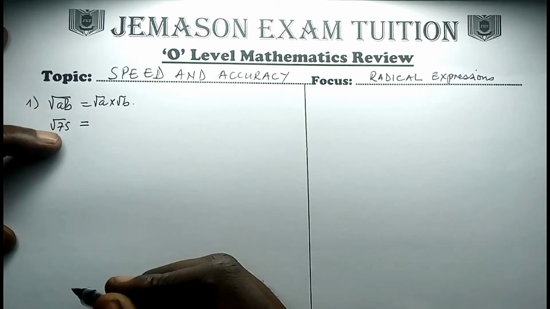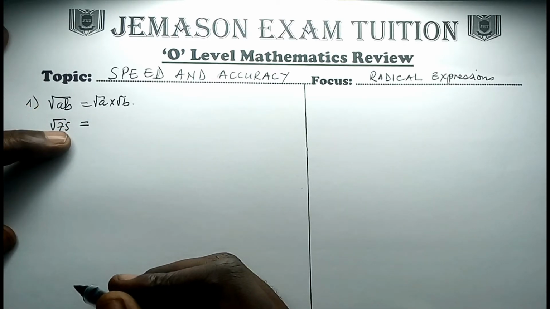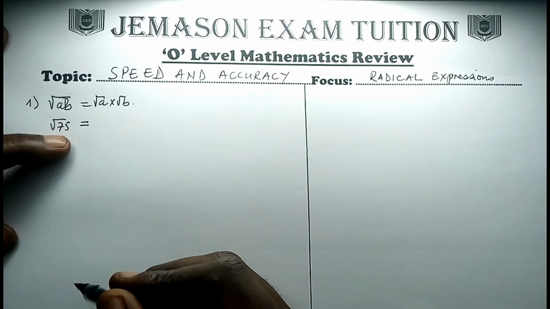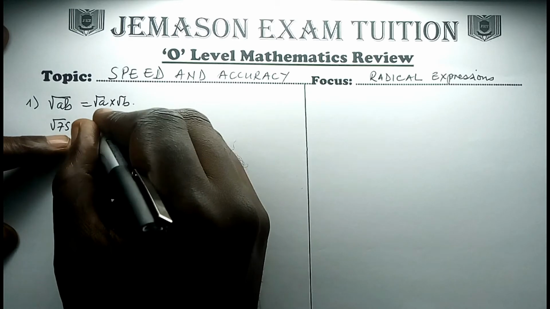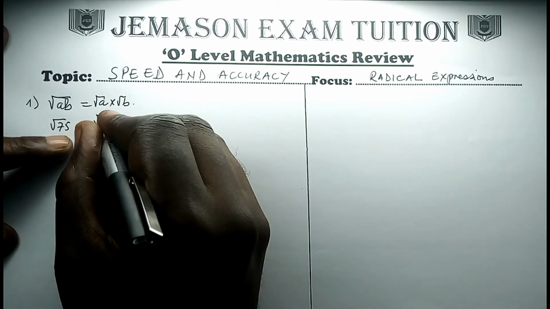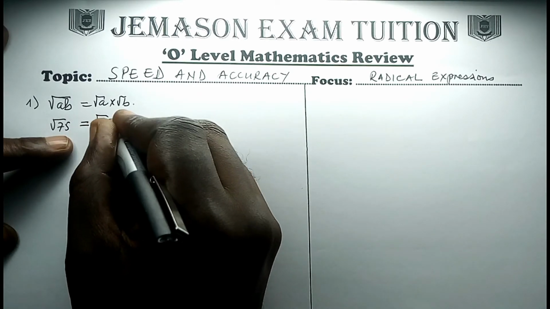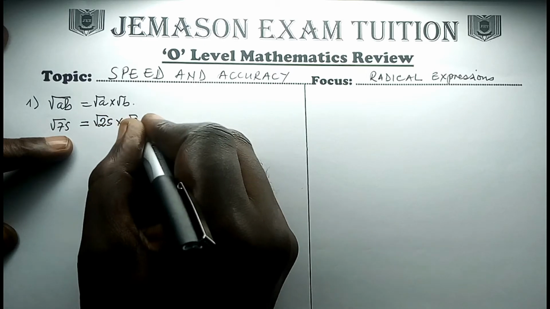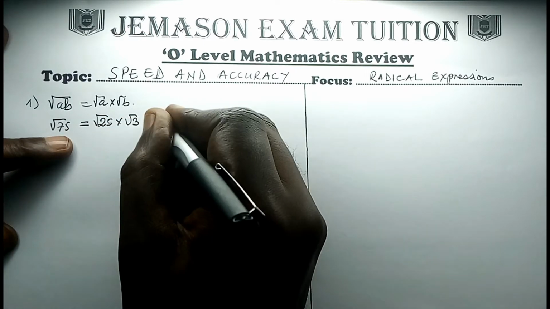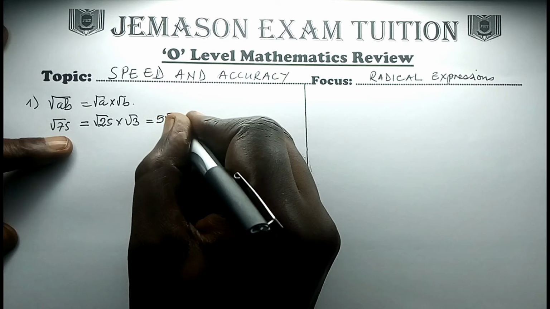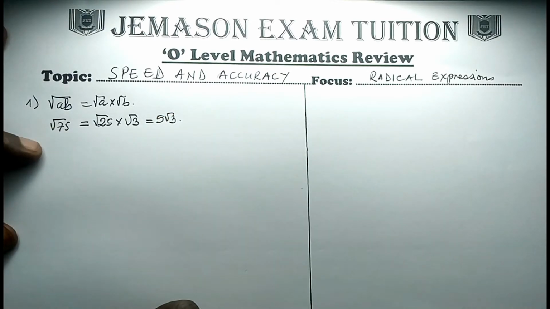I would need to express 75 as a product of a perfect square and some other number, if possible. There is that possibility as 75 is the same as 25 times 3. And so I get the root of 25, which is 5, root 3 as the answer.